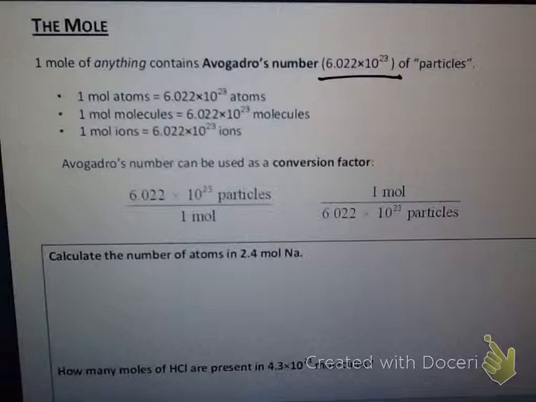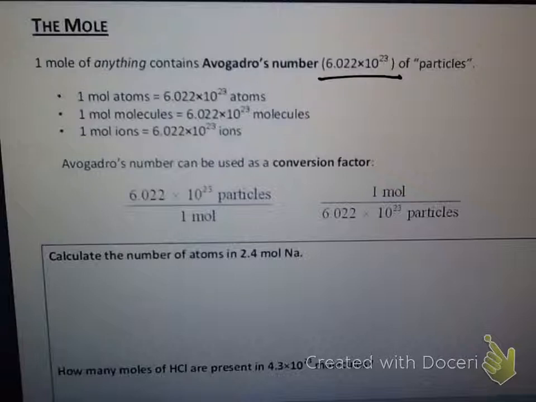For instance, we usually use the mole to count numbers of atoms in a sample. We can also use it to count numbers of molecules, which sometimes, by the way, I abbreviate molecules MC just because I quickly want to write the word molecule down. It's not a technical abbreviation, but I'll use it from time to time.